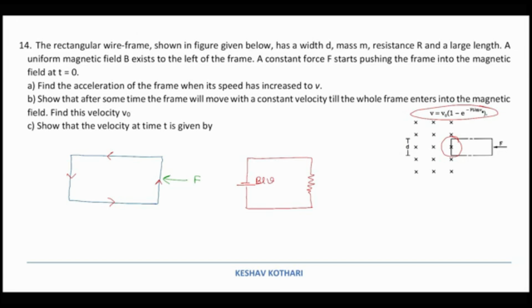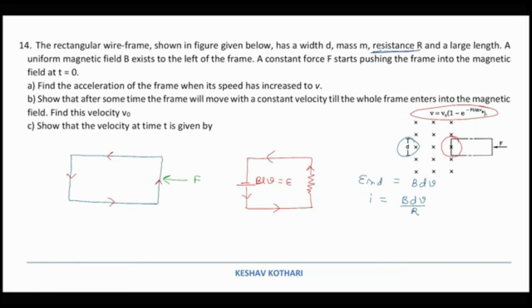So the EMF induced formula is BLV, which we have learnt, and the direction of current will be in this way as we have already seen. So now the first set of calculation which we need to do is this: the width is d in this case, so I write that the EMF induced will be equal to B d V. Because of this, the current that is going to flow in this segment is going to be B d V upon R, where R is the resistance which is given to us.